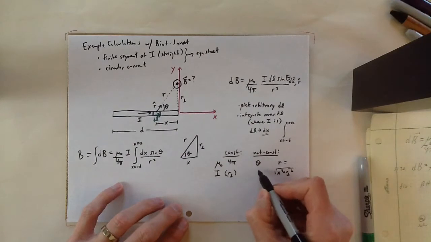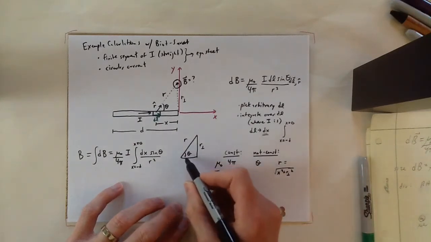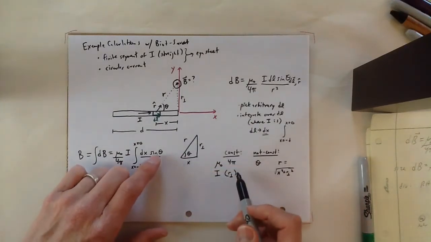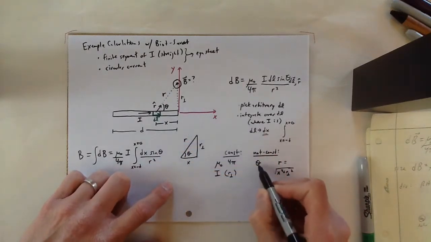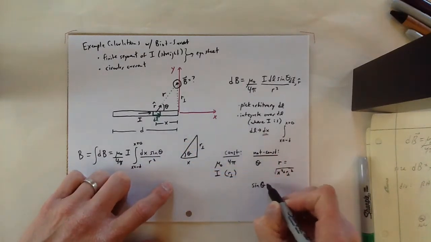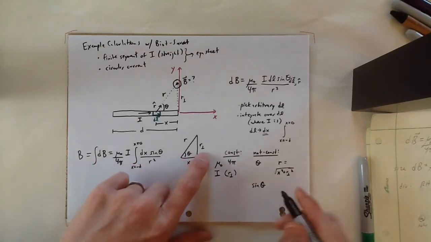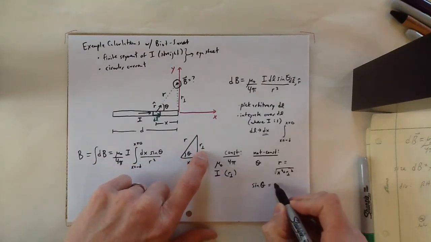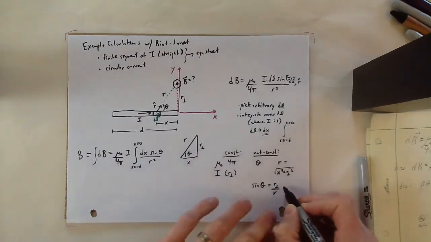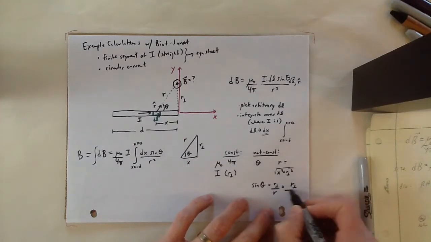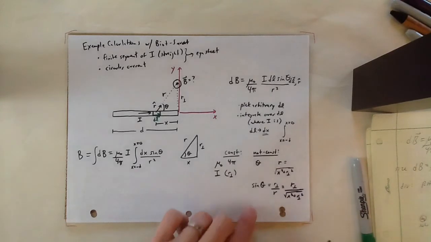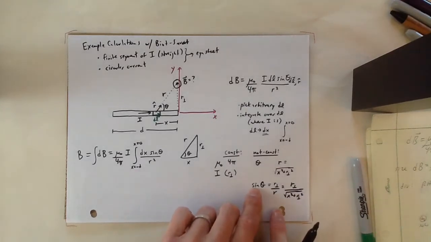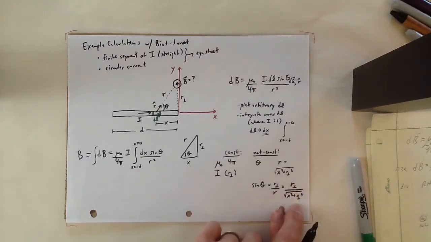And then as far as theta goes, well, I have sine of theta here. So looking at this, sine of theta, which is really all I need, is opposite over hypotenuse, or putting it in like so. And so you can see now I've got sine of theta in terms of r perpendicular, which is a constant, and x.